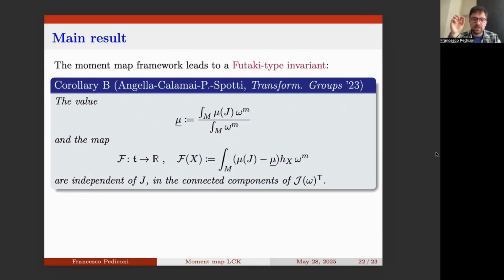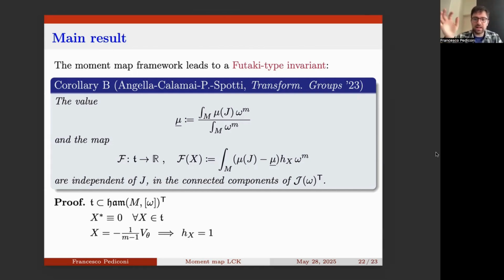And the map defined on the Lie algebra of the torus into R that associates to a vector field X on the torus the integral of the product of the potential of X times mu minus mu bar is actually constant itself.